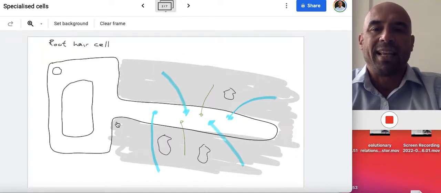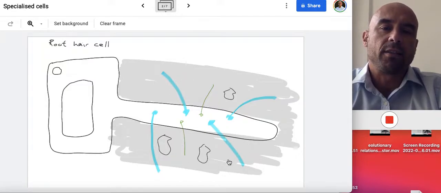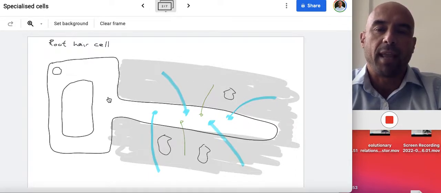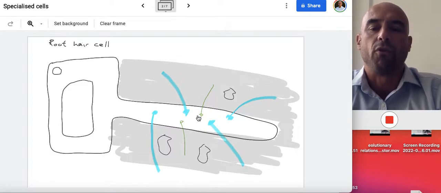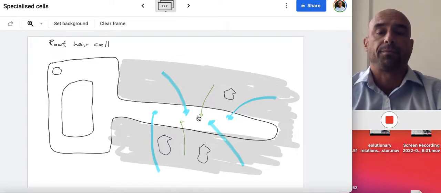The projection increases the surface area, for more rapid absorption of water from the surrounding soil into the plant. As well as absorbing water, it can absorb mineral ions such as magnesium, which is needed by the plant for photosynthesis.